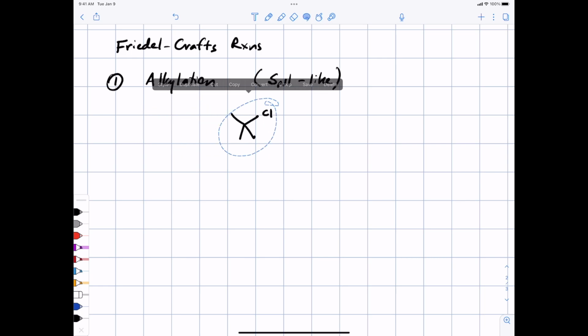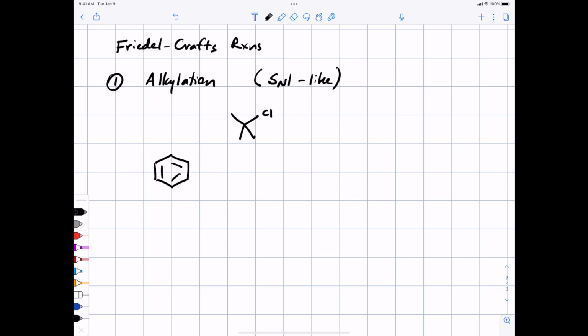So here's the alkyl chloride, here is the benzene ring nucleophile. The Lewis acid that we're going to choose is aluminum chloride. And again, is there some reason why you need to match the identity of the chloro group on your alkyl halide with the chloro group on your Lewis acid, aluminum chloride?